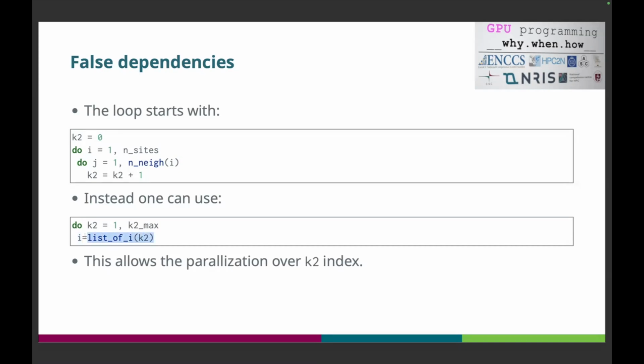Building this list is very fast, and I can also do it on the CPU. At the end, when the code is finished and everything is ported, I can incorporate building this list with computing the neighbors, because we are looping over all the particles.